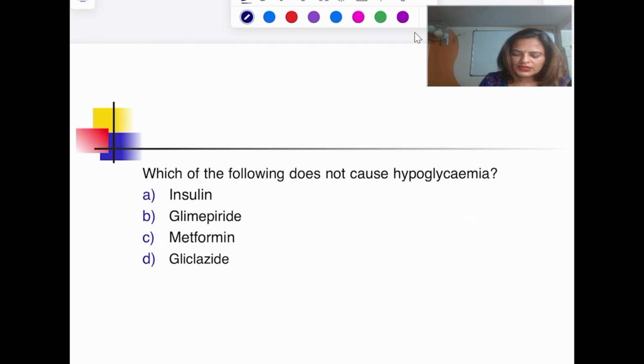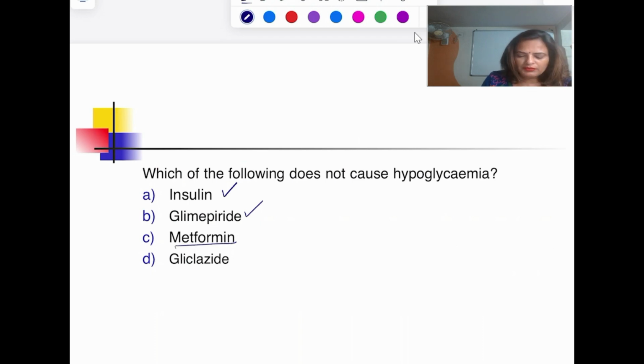Now moving to the second MCQ. Which of the following does not cause hypoglycemia? Remember one thing, hypoglycemia is most commonly seen with insulin and the drugs which act by causing the release of insulin, the insulin secretagogues. Glimepiride acts by causing the release of insulin, so this is also going to cause hypoglycemia.